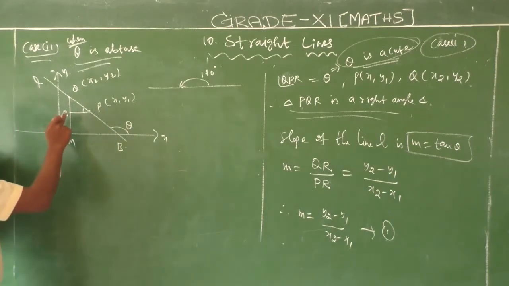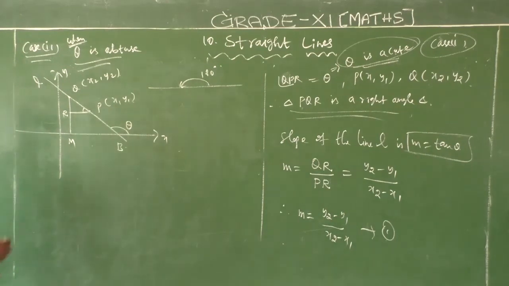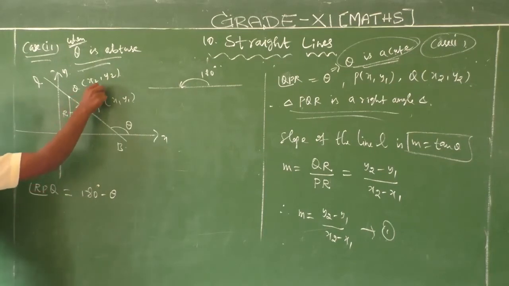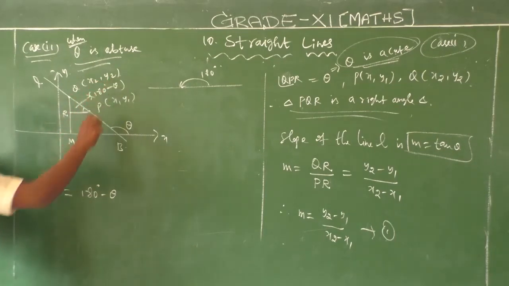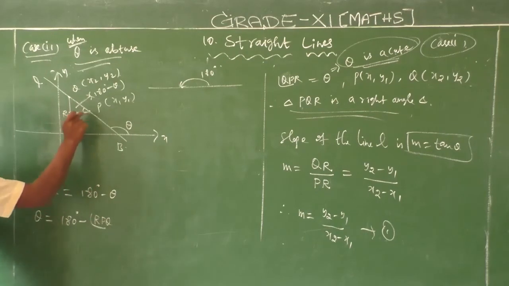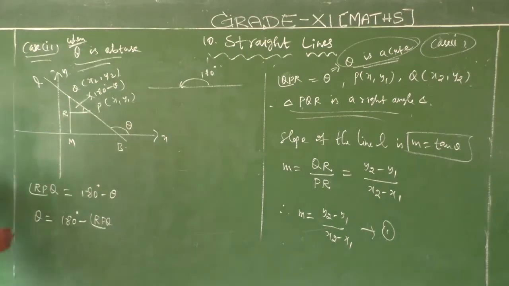That is angle RPQ. Angle RPQ is equal to 180 degrees minus theta. Then theta is equal to 180 degrees minus angle RPQ.